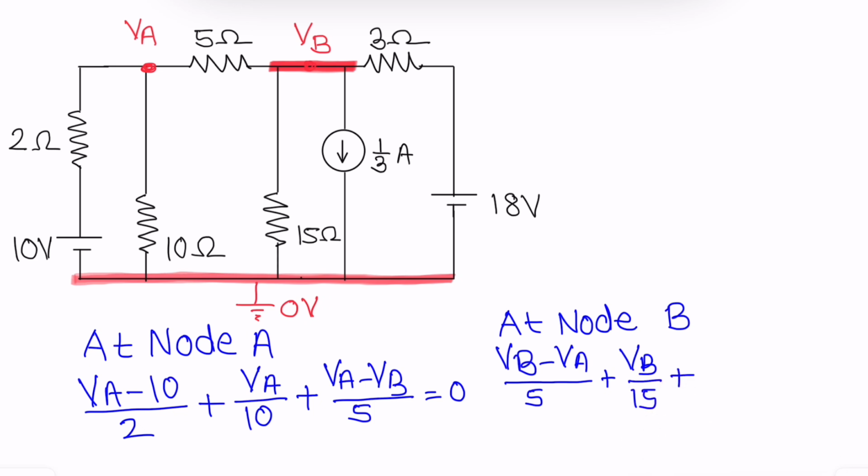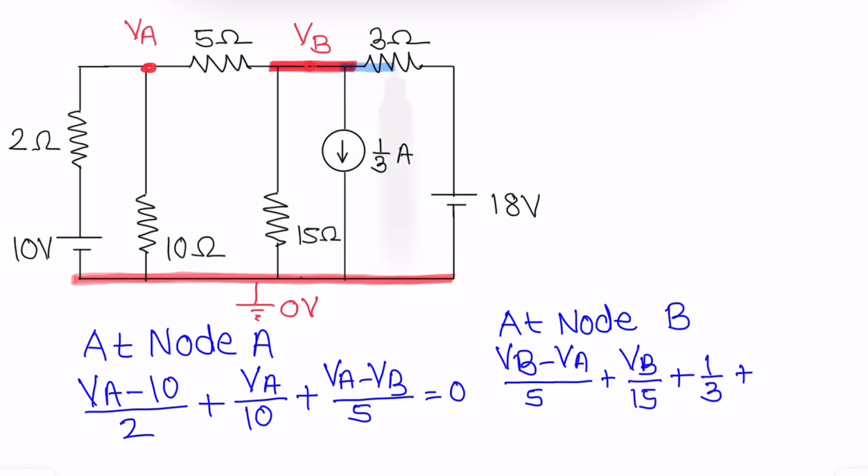Third current, now you see the current starts at VA and ends at 0. But you do not need to write down any equation as the ready-made value of current is given to you, that is 1 by 3 ampere. Now what is the other thing over here? Your assumed direction of current is outgoing, and this current source direction is in the same direction as your assumed direction. So you can write down plus 1 by 3 ampere.